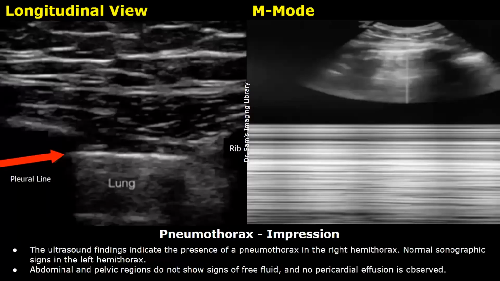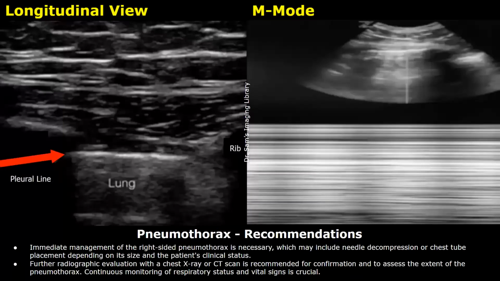This is the impression. The ultrasound findings indicate the presence of a pneumothorax in the right hemithorax, normal sonographic signs in the left hemithorax. Abdominal and pelvic regions do not show signs of free fluid, and no pericardial effusion is observed. Here are the recommendations.